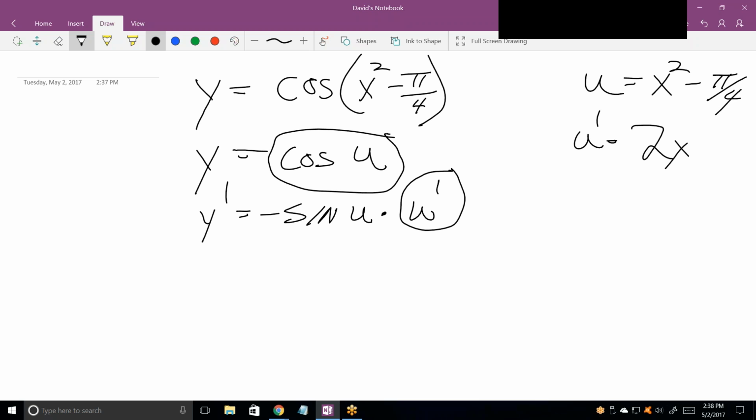Then put it back in terms of x. x squared minus pi over 4. So would the final answer be y prime equals negative 2x sine of parenthesis x squared minus pi over 4? Yes. Perfect. That's pretty straightforward.